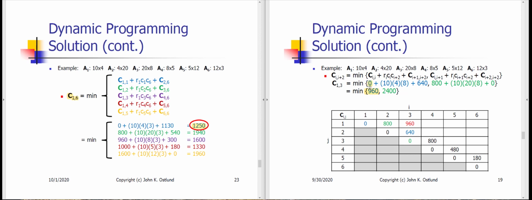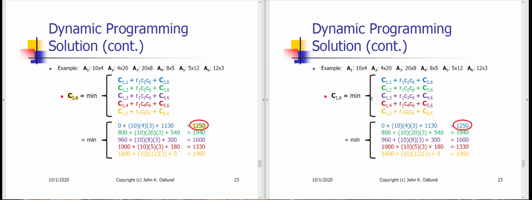Okay? A1 was multiplied by the product A2 times A3. All right? So it was fairly clear what order we should multiply these three matrices in. A1 times the product A2, A3 in order to get this minimum cost of 960.